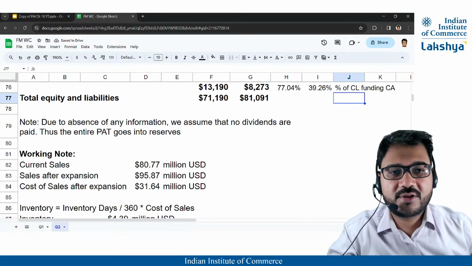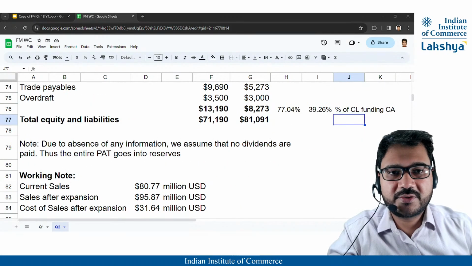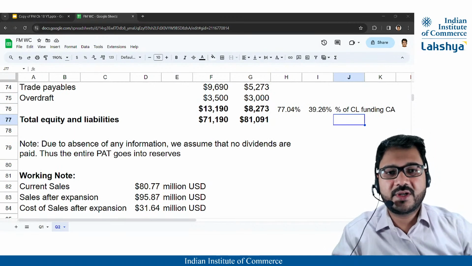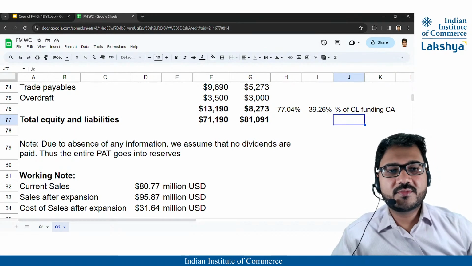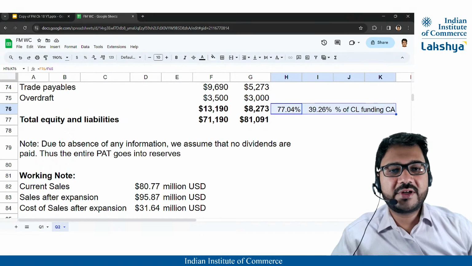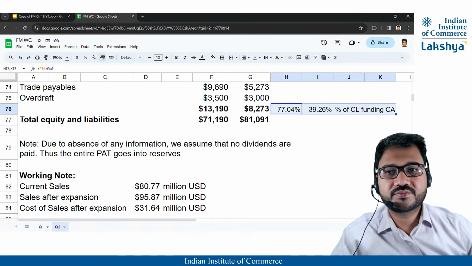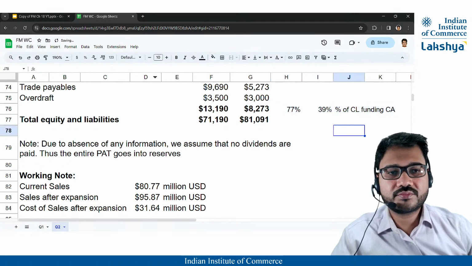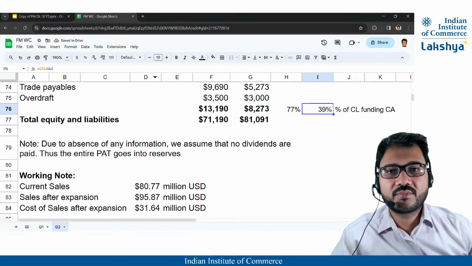Okay, wait, I think it's visible now. Yeah, visible. Great. Okay, so 77% previously, and now it's only 39%.